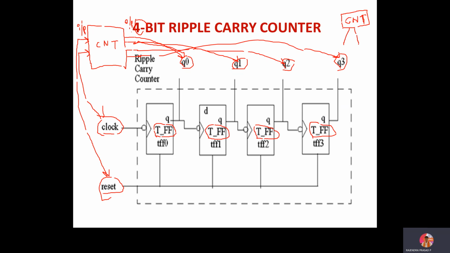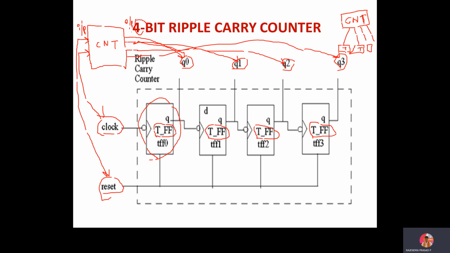What will the sub blocks be? There will be four sub blocks, and these sub blocks will be T flip-flops, four of them, because it is a 4-bit ripple carry counter.